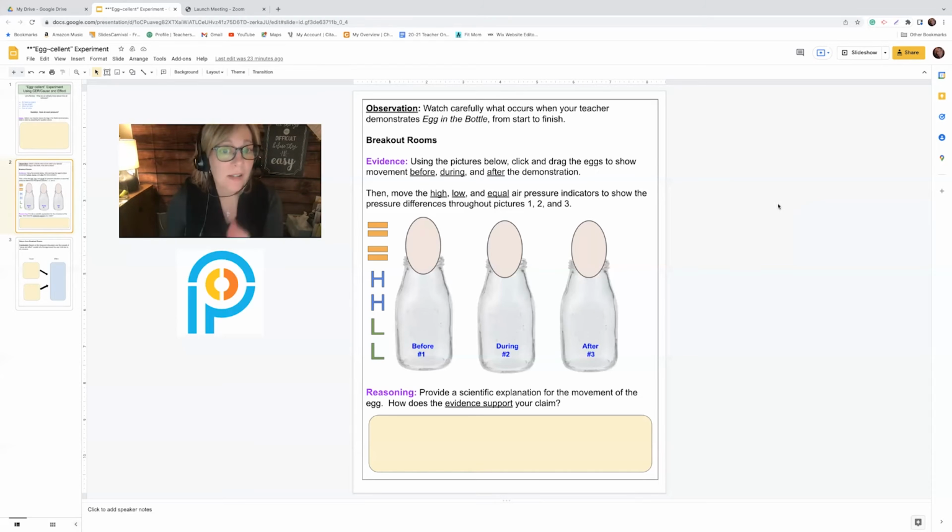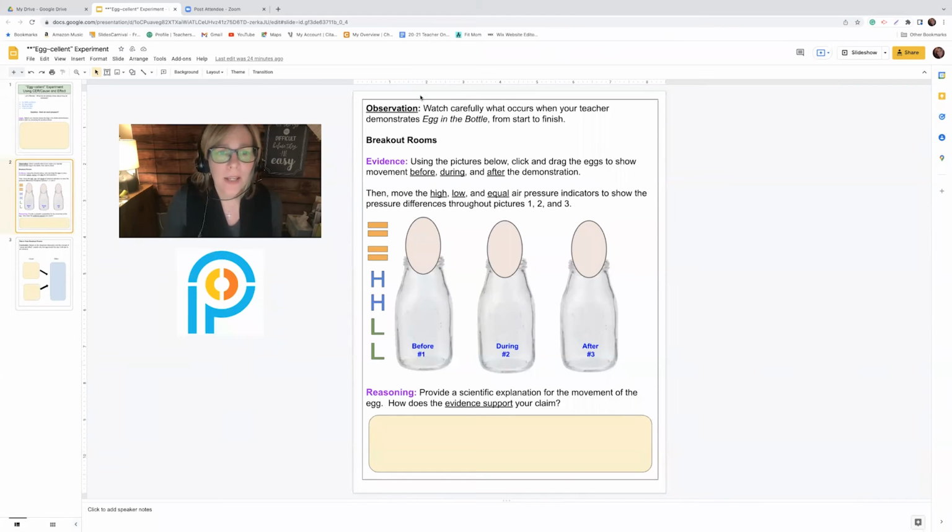As you can see next, I probably at this point would put them in breakout rooms. Again, that would be optional to you. But I would want them to spend a great deal of time conversing with their partners and talking about the evidence. It says, using the pictures below, click and drag the eggs to show movement before, during, and after.